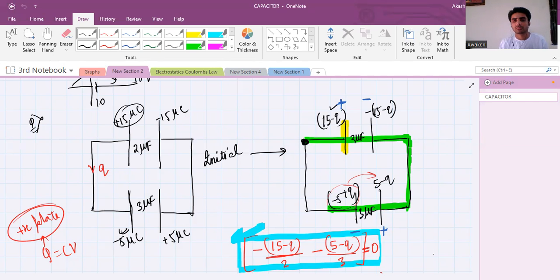So I took the whole term minus 5 minus q is equal to 3 by 3 on the other side. Tell me what you got. I'm just calculating the last part.